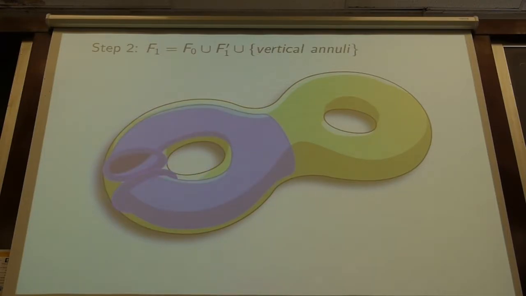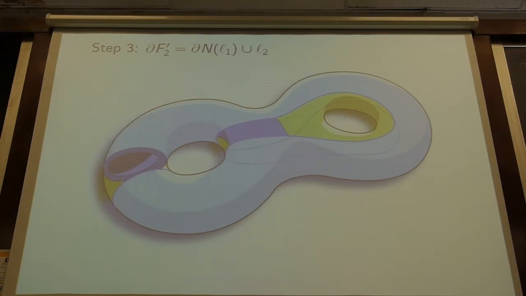Then we attach two annuli. We took that original pair of pants, pushed it into the handle body, and attached these two annuli there. Then we put on another pair of pants, this time to a separating loop. This is the separating loop bounding a once-punctured torus containing L1.